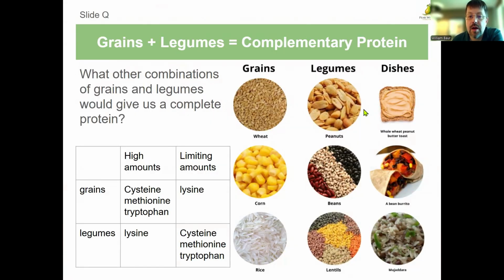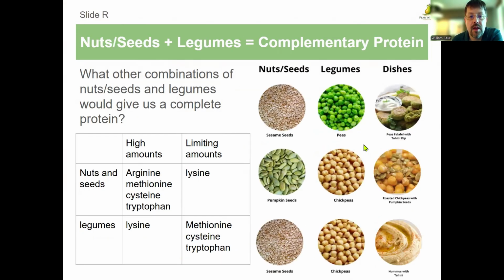And here are some examples of that, pairing grains and legumes for a complementary protein. And nuts and seeds and legumes are another way where you can get a complete protein without having to rely on meat or eggs.